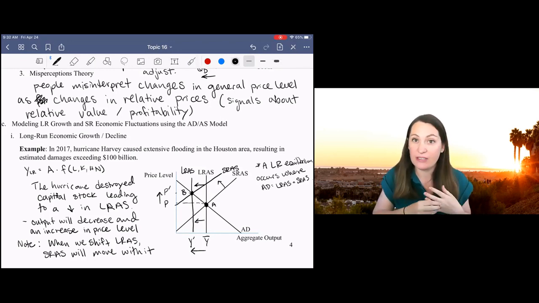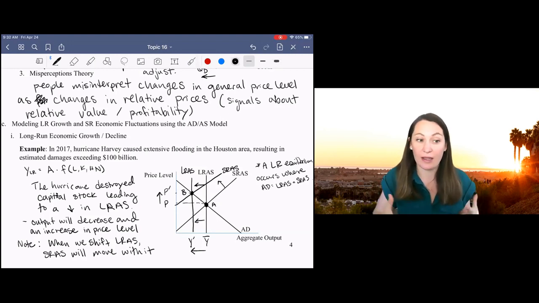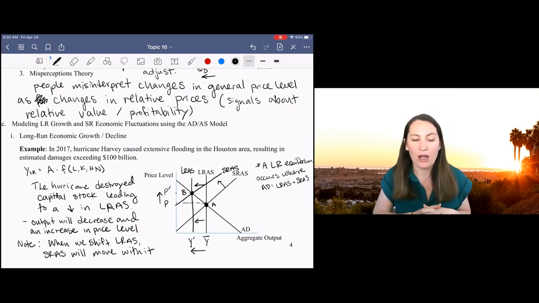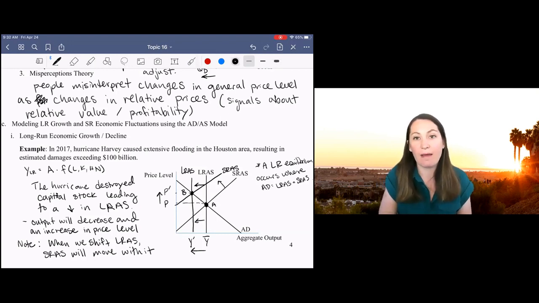If you've been seeing the jobless claims, it's sort of shocking how many people are out of work. And that's going to affect our real productive capacity, hopefully not forever. So this inward shift in the long run aggregate supply curve can be temporary. And what we hope is that as the pandemic ends, people will be able to re-enter the workforce quickly and bring us back up to our previous level of potential output.